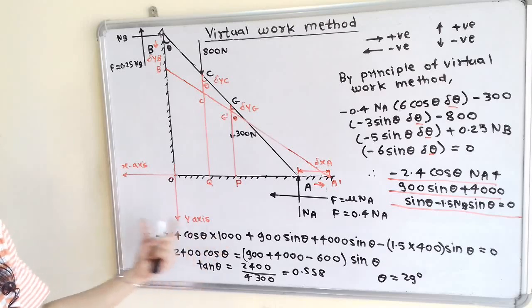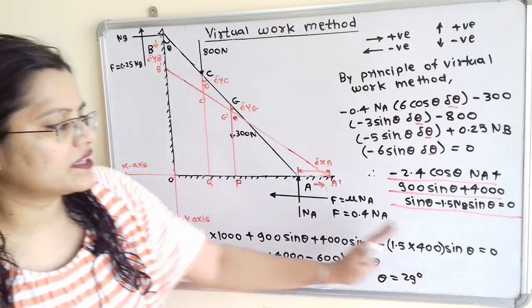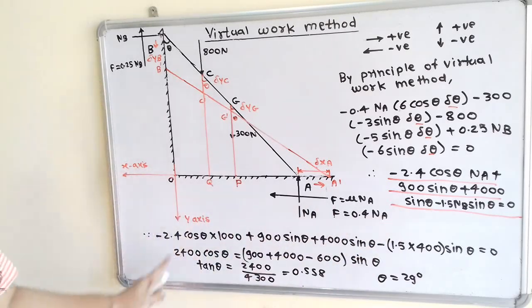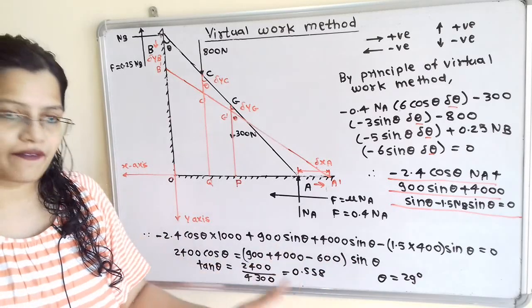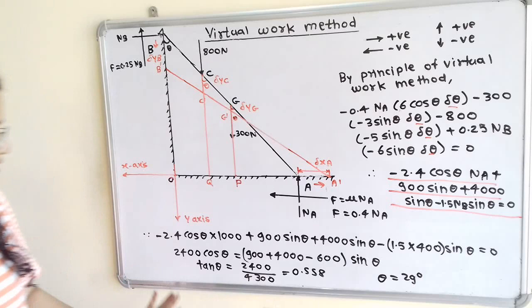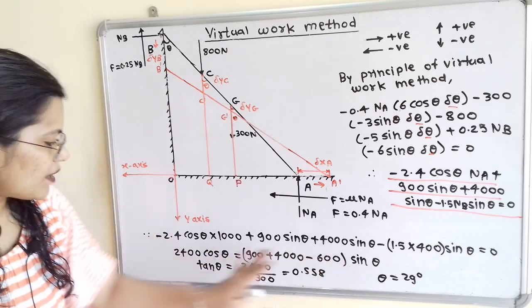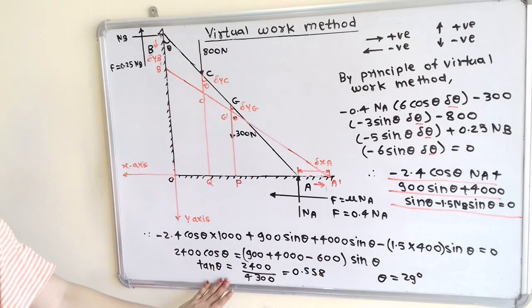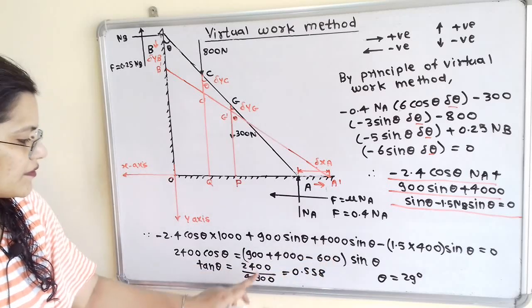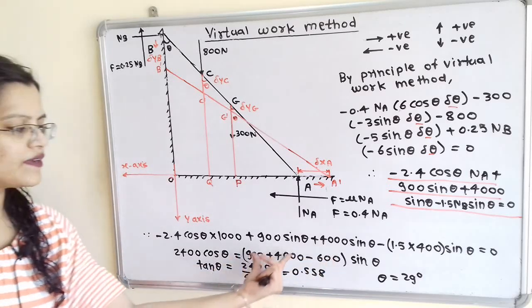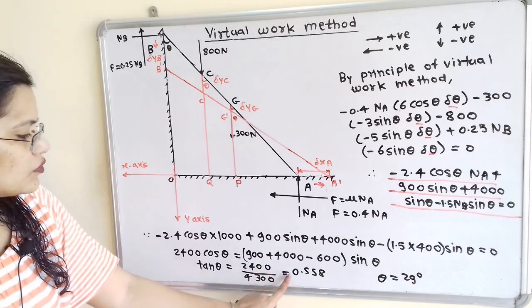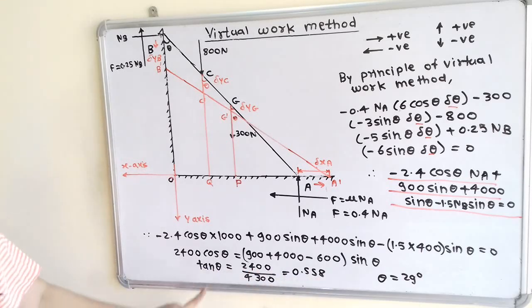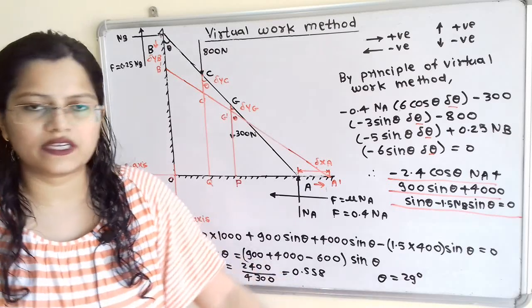We will take cos theta term on one side and sin theta term to the other side. So when we simplify this, then we will get the equation in between cos theta and sin theta. So sin theta by cos theta, that is equal to tan theta. Now if we solve this, we will get 4300. So we will transfer it to the left hand side. So it is equal to 0.558 and therefore theta is equal to 29 degree.